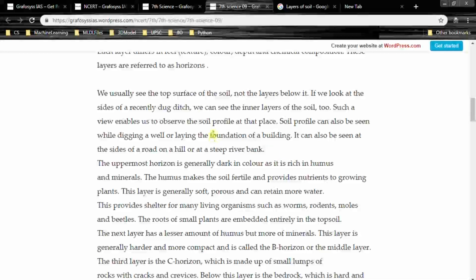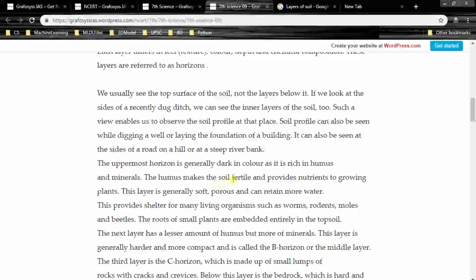So these are the soil profile and the layers of the soil we can see while digging a well or laying foundation, etc. The uppermost horizon is generally dark in color as it is rich in humus and minerals.